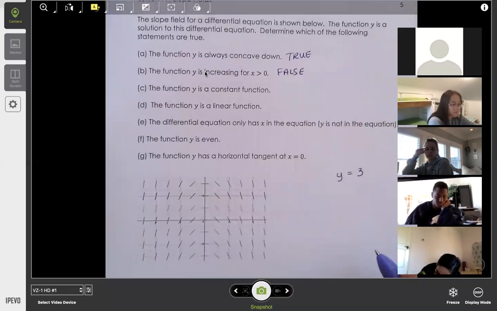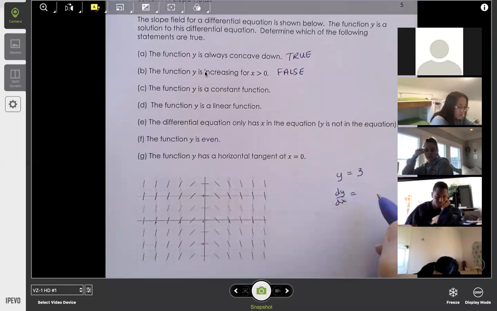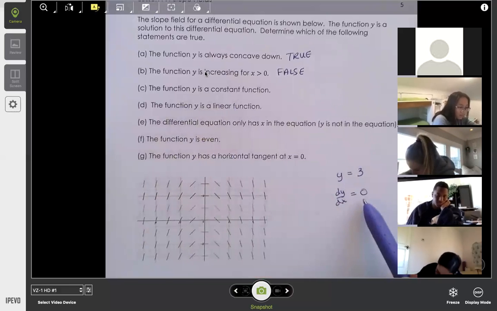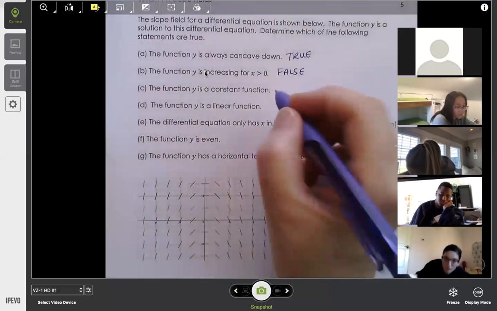What's its derivative? 3x. dy/dx would be, I was integrating it. Okay. What would be the derivative of 3? 0, right? So if the function is a constant function, then the derivative is always 0. I would have a whole bunch of horizontal tangent lines. So that's false.